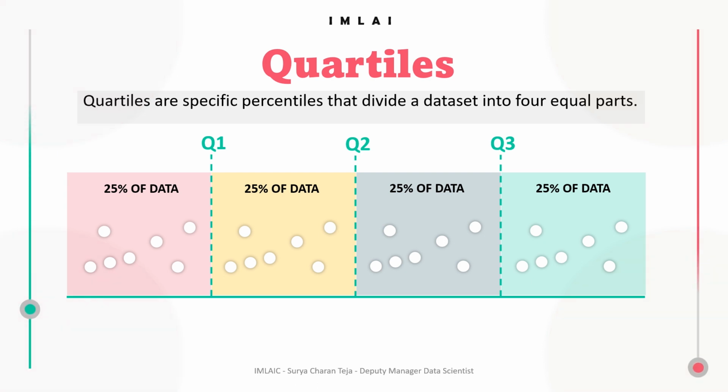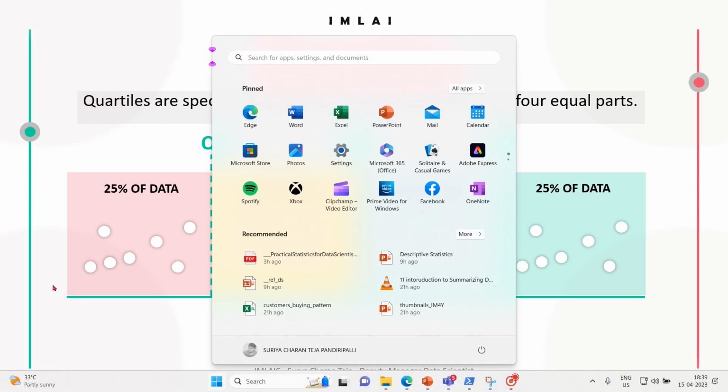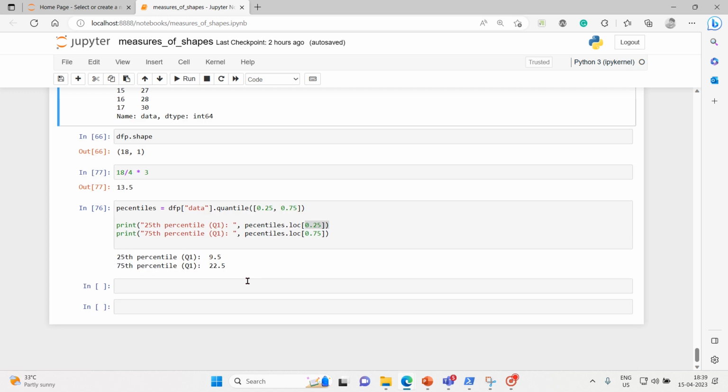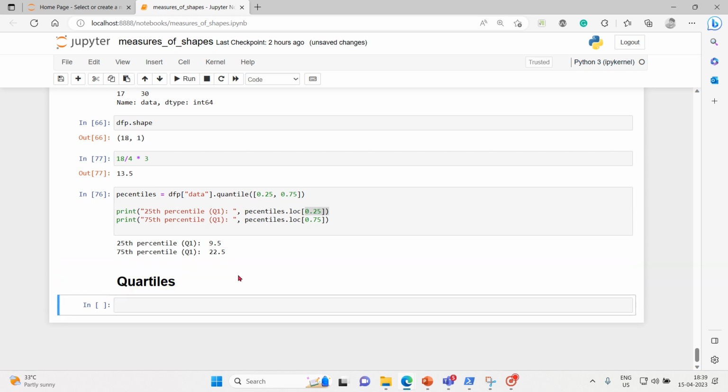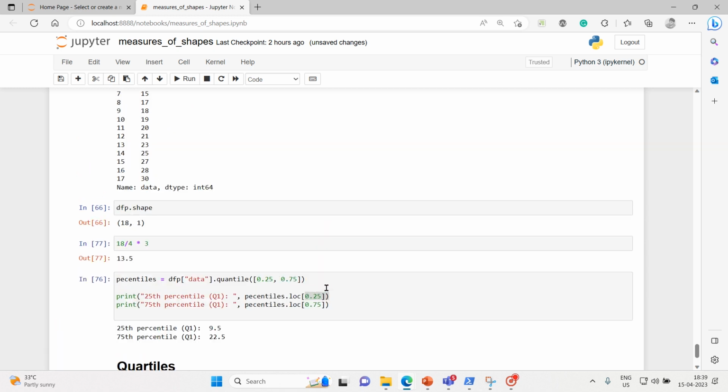Now let's take some examples to understand the quartiles better. We will keep the same example, so we are not modifying much.